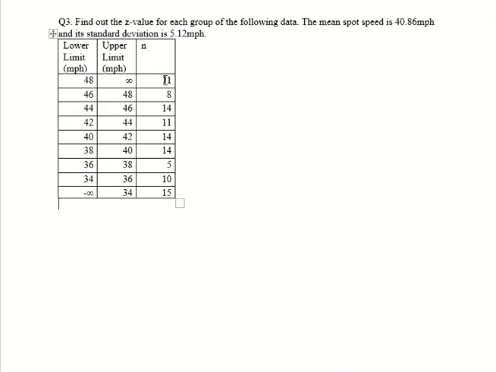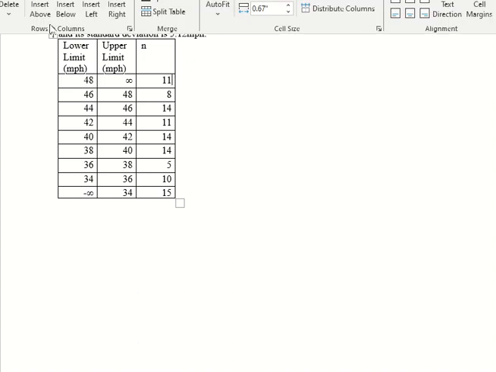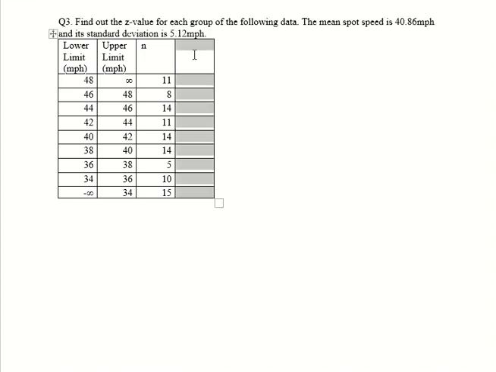Now the last question was about calculating the Z value. The Z value is calculated by taking the upper limit for every interval. For the first interval, the upper limit is infinity, so it will remain infinity and you don't have to do anything for the Z in the first case.